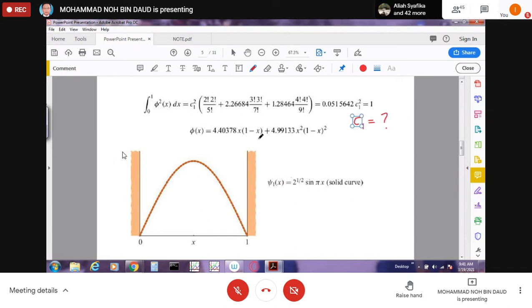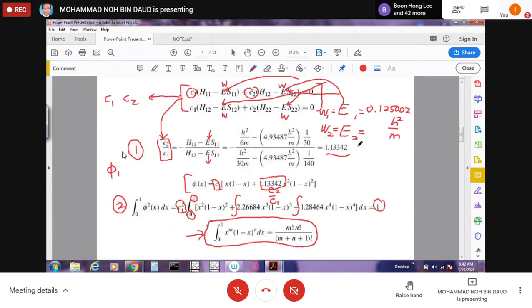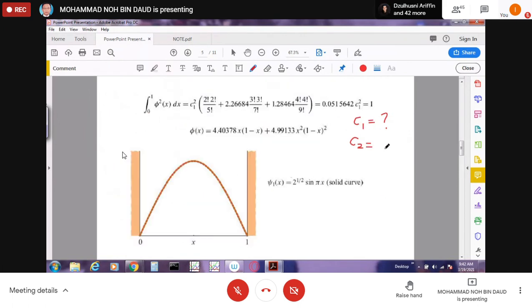When you get this C1, of course you will get this C2, because we write this C2 in terms of C1. Now we can write this form for the phi 1, with C1 and C2.